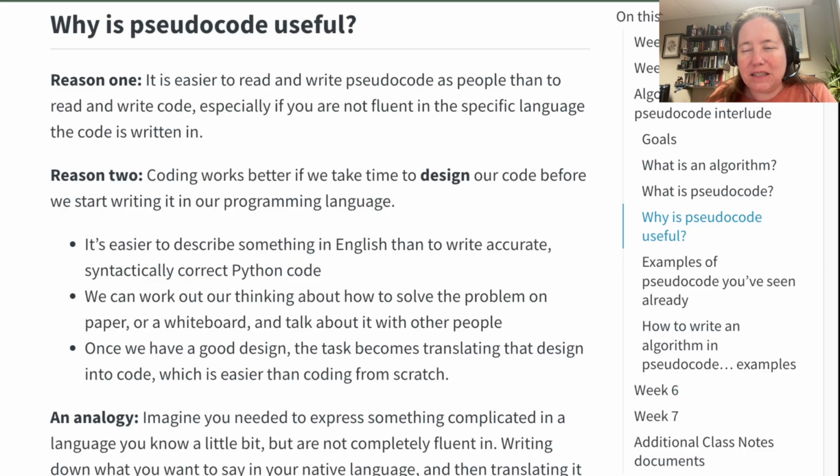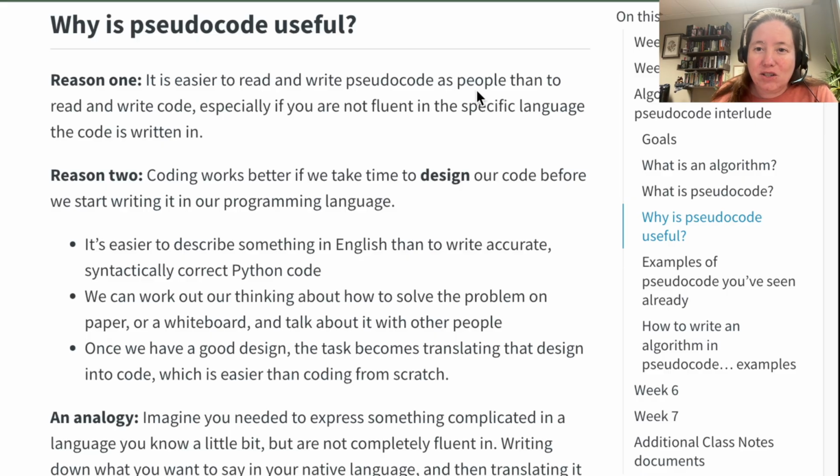All right, so why is pseudocode useful to us? I tried to get at this a little bit earlier, but let's take another look at it. I see really two reasons. One is related to communication, and the other is related to design. And they're both important reasons why we want to use pseudocode. The first one is the one I've already talked about. It works better to read and write pseudocode with other people when you're talking about a process and how it should work.